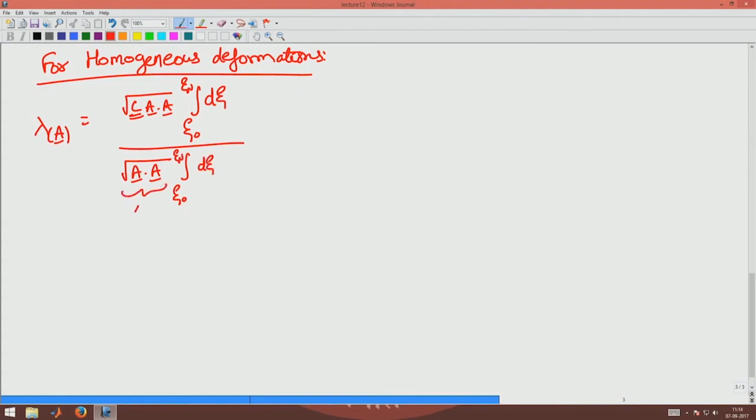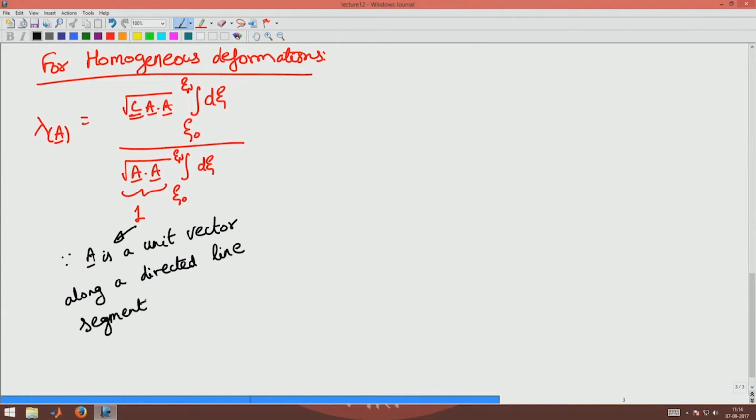This is 1 since A is a unit vector along a directed line segment.